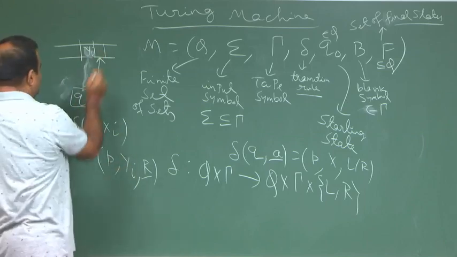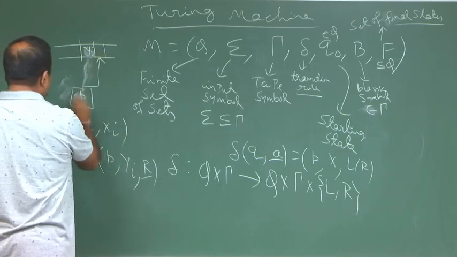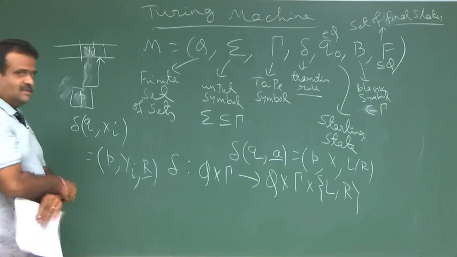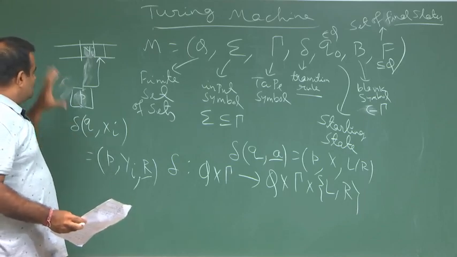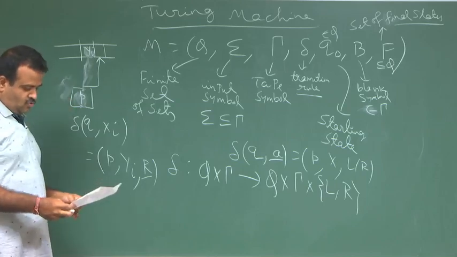The next state is p. So this is the instantaneous description of the Turing machine.